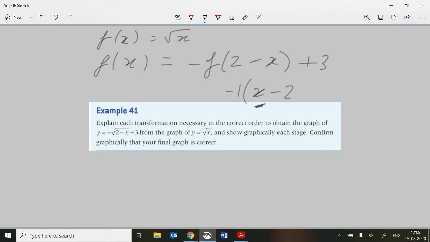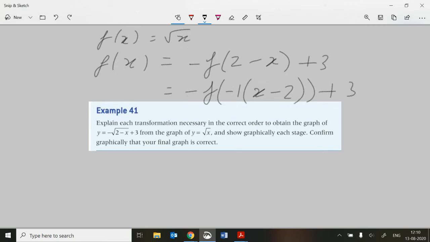We want the x to come first, so we can do that by taking out a factor of minus 1. So we can create this as our transformation. That gives us this function here, if we substitute in this for x, times by minus 1 and add 3.